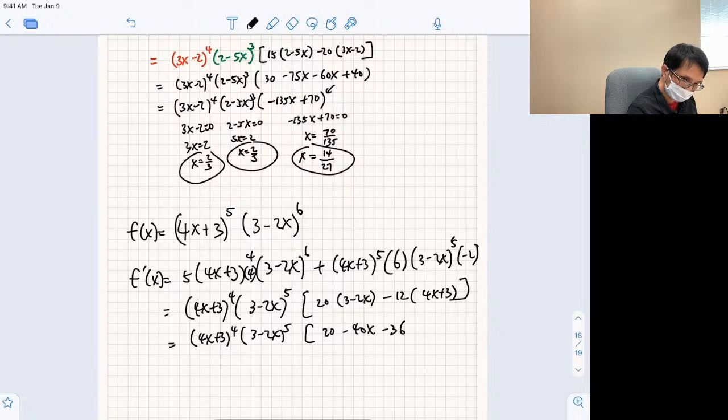Wait, you mean 60 minus 40? Yes, my bad, this one is 60 minus 40x minus 48x minus 36. Am I doing okay? So it was 88x minus 24. It'd be negative 80.